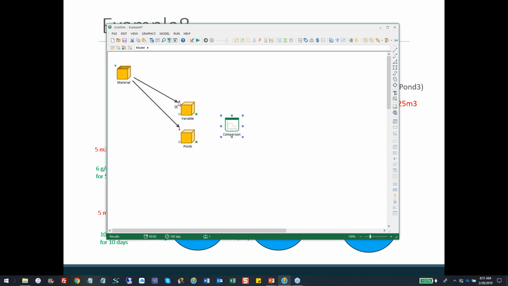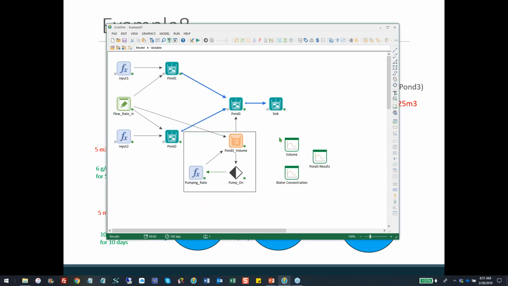But the point of this model is just to demonstrate to you that this is how you link a model. This is how you build a contaminant transport model in which the volumes and the flow rates are changing. You go ahead and you build your separate model. In fact, in most cases, let's say you're doing a water balance model at a mine, you're going to build your water balance model first.